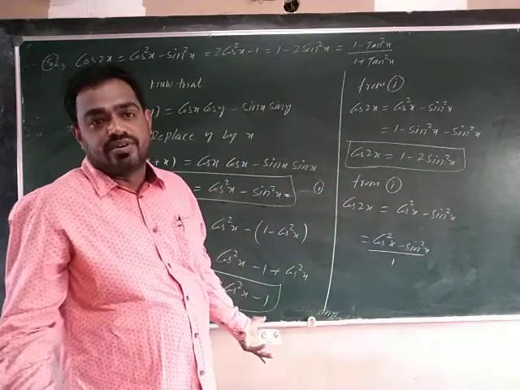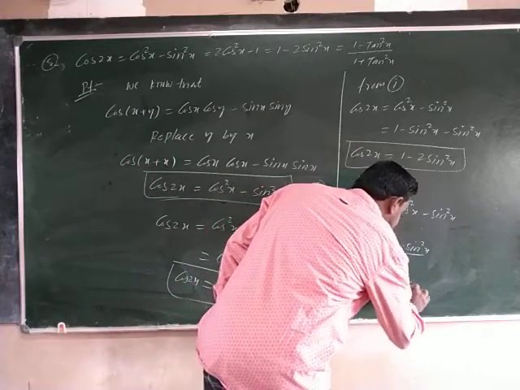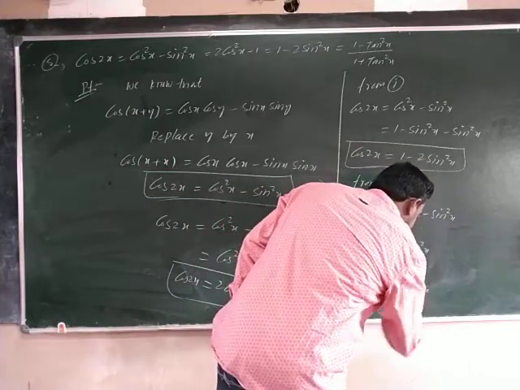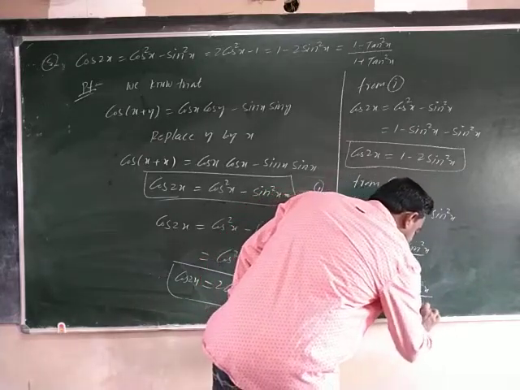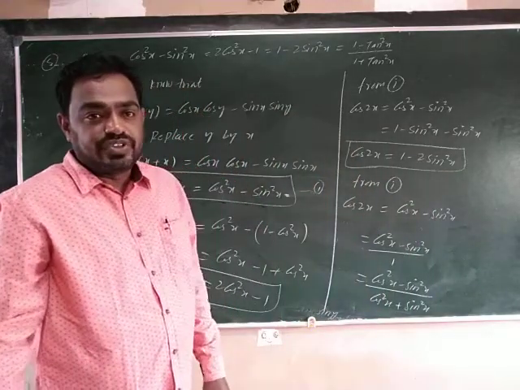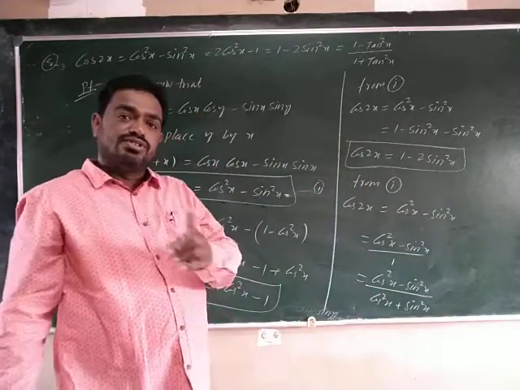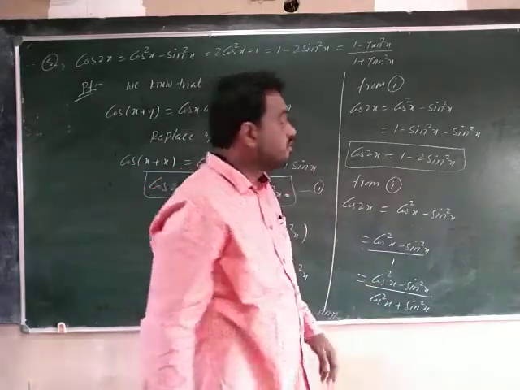So this is equal to cos square x minus sin square x by, I am writing, cos square x plus sin square x. Take the first trigonometric identity: cos square x plus sin square x is equal to 1. So in place of 1 I have written cos square x plus sin square x.